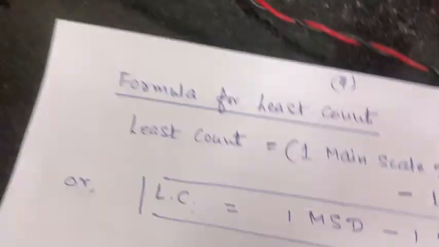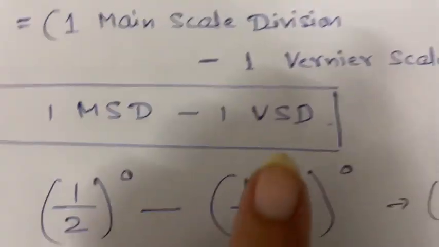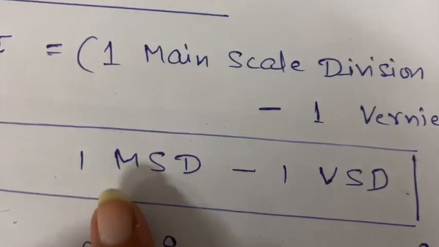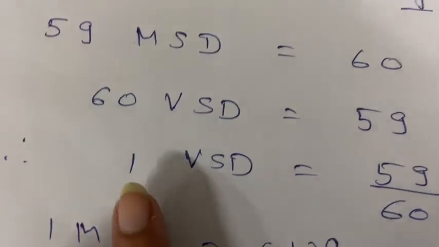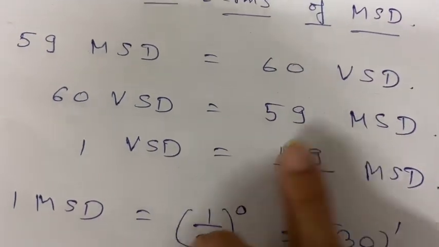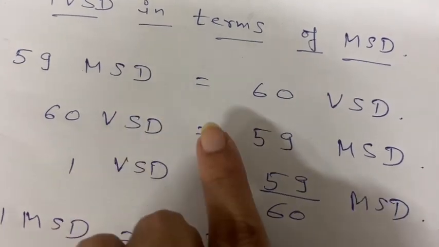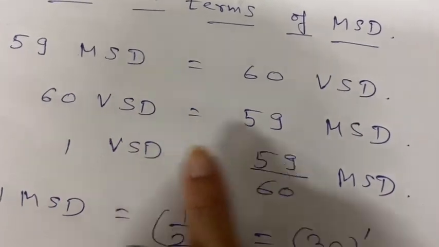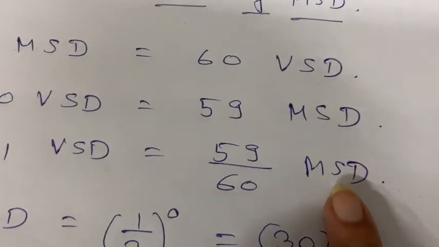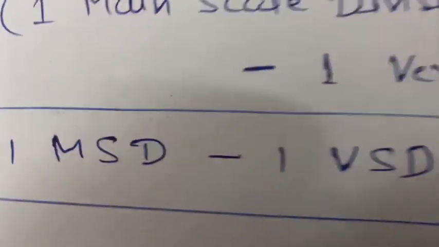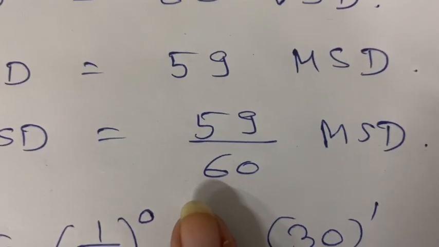Now let us express the value of one vernier scale division in terms of main scale division. One vernier scale division is equal to 59 upon 60 main scale division, because 60 vernier scale divisions are equivalent to 59, therefore 1 will be equal to 59 upon 60 main scale division. Now in this formula we can put 1 VSD as 59 upon 60 MSD.